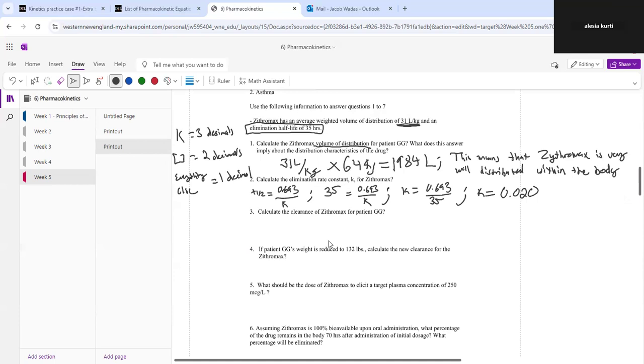All right, question number 3. Calculate the clearance of Zithromax for patient GG. I'll give you guys a minute to find clearance and then we can do it together.